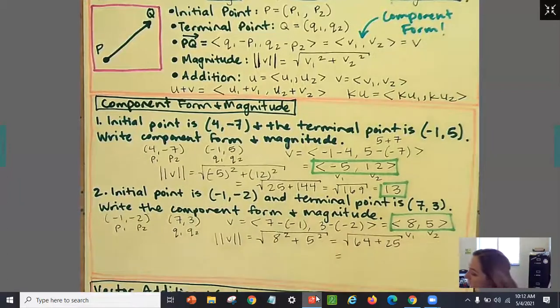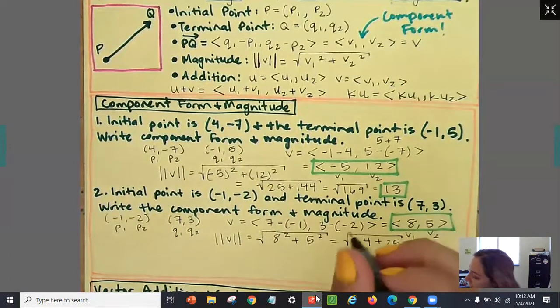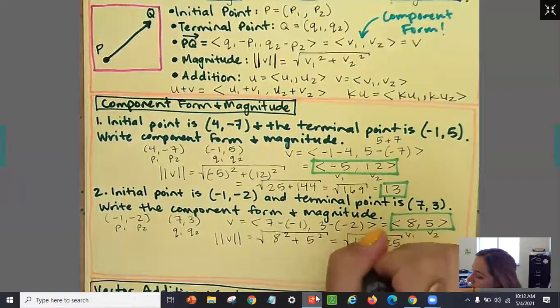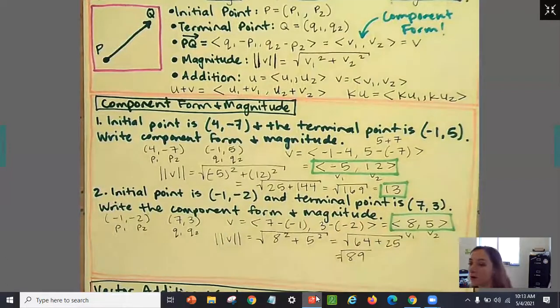Okay, so 64 plus 25, that is going to give us 89. Okay, and the square root of 89, it can't reduce because 89 is a prime number, so it's not going to have any factors there. So the magnitude of our vector is going to be the square root of 89.